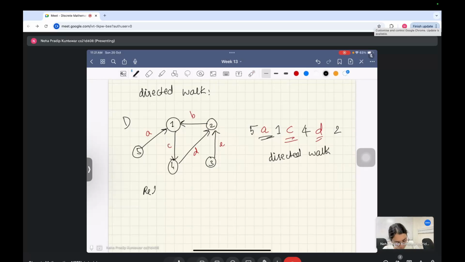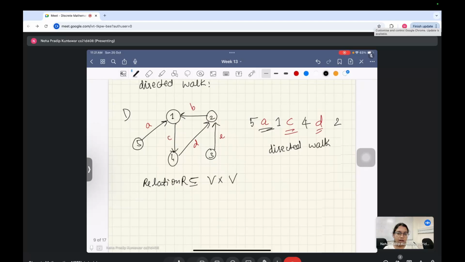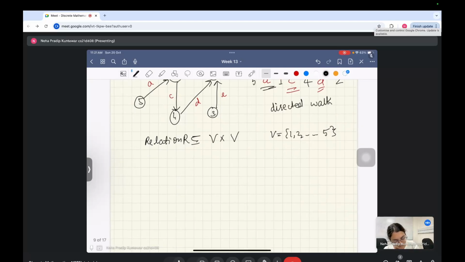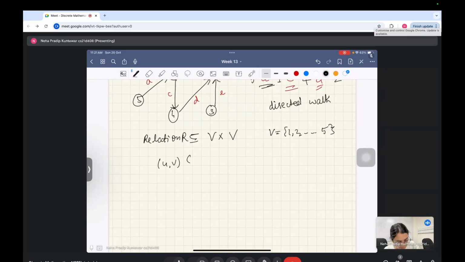Let me define a relation R which is a subset of V cross V, where V is the set of vertices in this graph, which in this case is 1, 2, 3 up to 5. So what I'll do is I'll say that two vertices U, V are related if there is a directed walk from U to V.